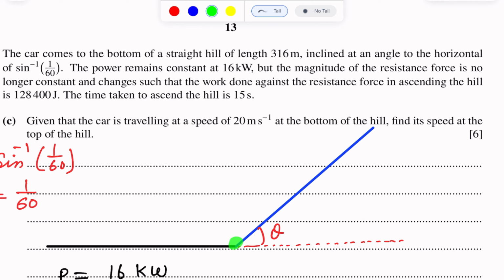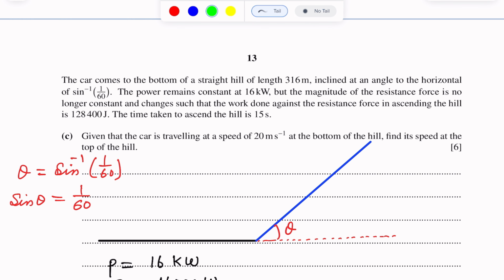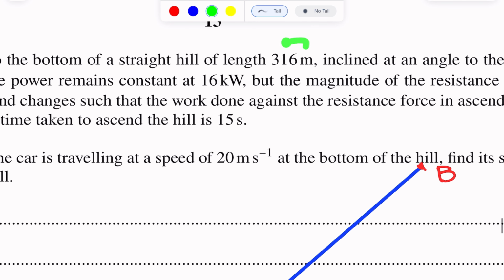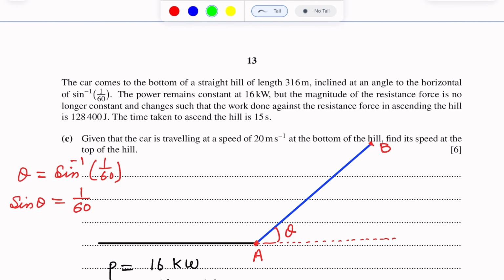Now, speed at the bottom, this is the bottom of the inclined plane, and this is the top. Speed at the bottom is given, that is 20. Let this point be A at the bottom, and let this point be B. The distance AB along the plane is given, that is 316 meters.